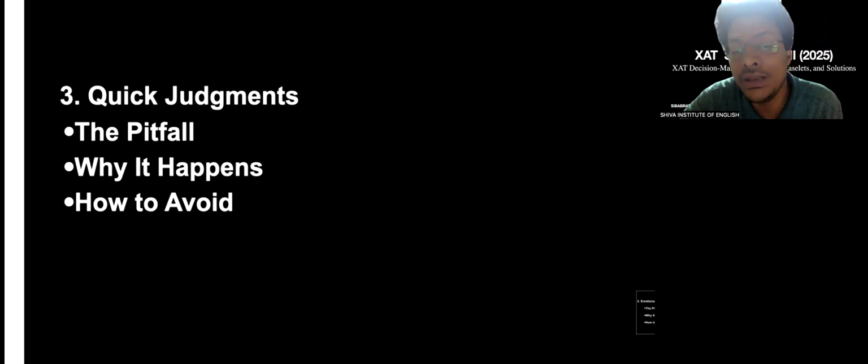Then how can we avoid it? You need to adopt a systematic approach. You need to follow structured steps like identifying the core issue, analyzing stakeholders, and evaluating options, right? And your job is to double-check the details before you mark an answer.